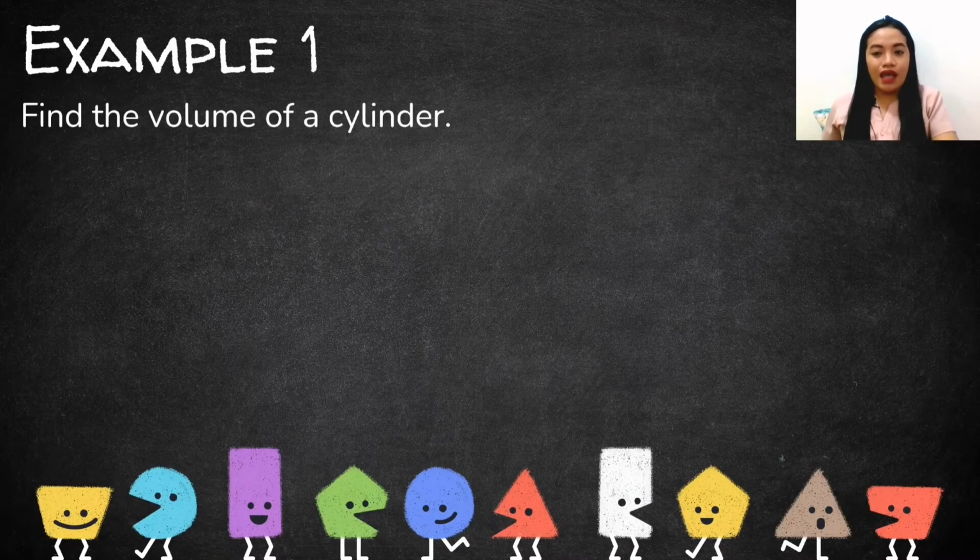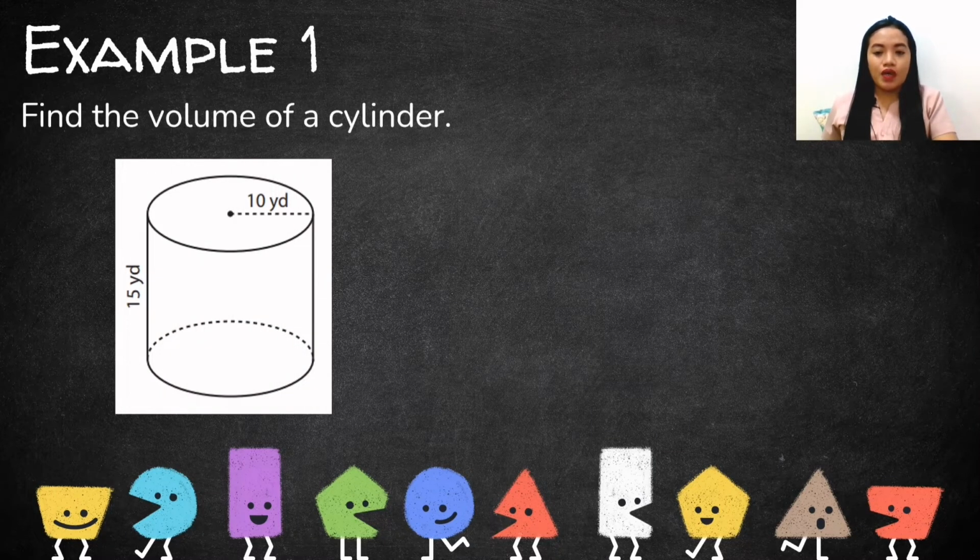Example number 1, let us find the volume of a cylinder. So in our figure, as you can see, the radius is 10 yards. And our height is 15 yards. So, yan yung mga kailangan natin given para ma-solve natin ang volume ng cylinder.